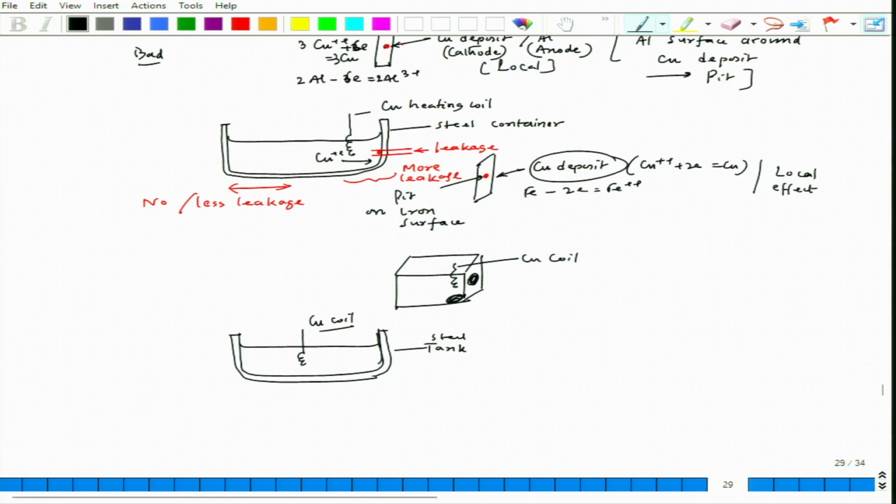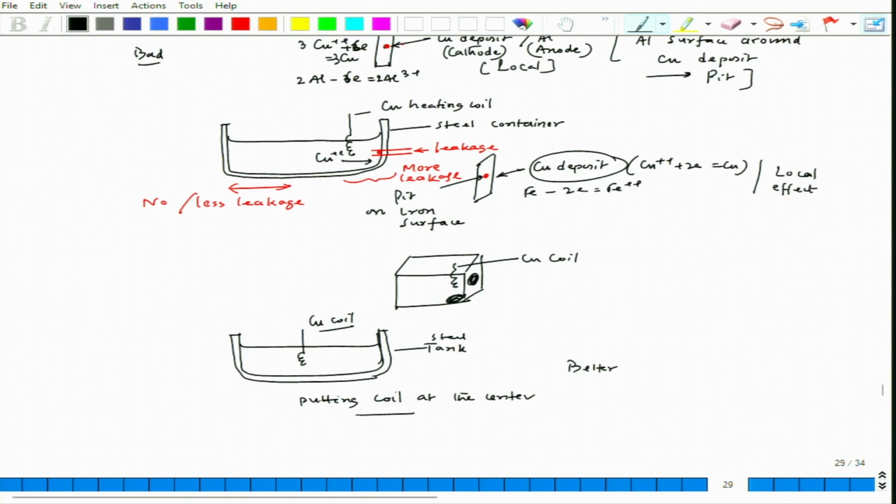So, the ion needs to travel a long distance and then the effect of leakage would be less. So, this is one possible design modification, putting the coil at the center. So, this is better.